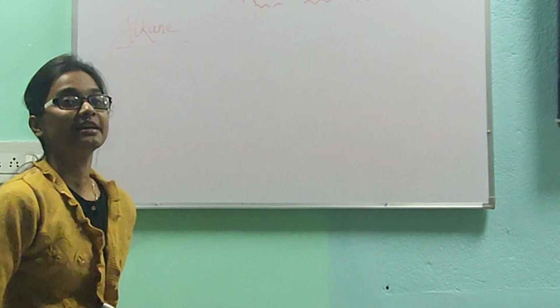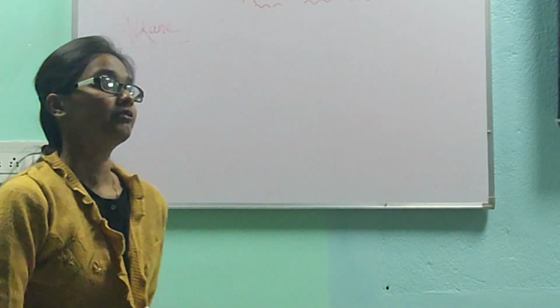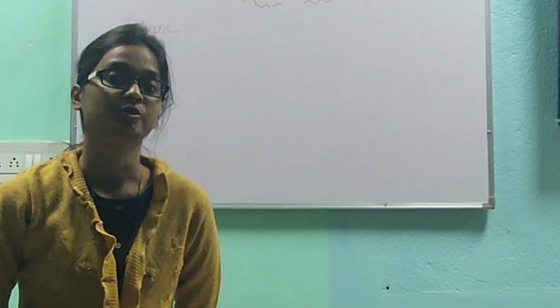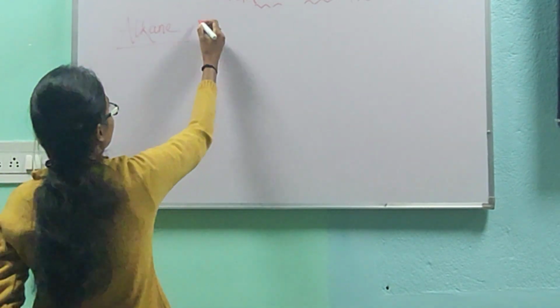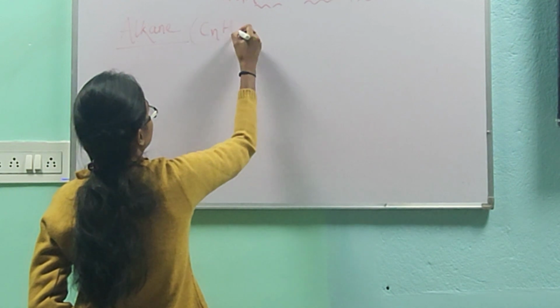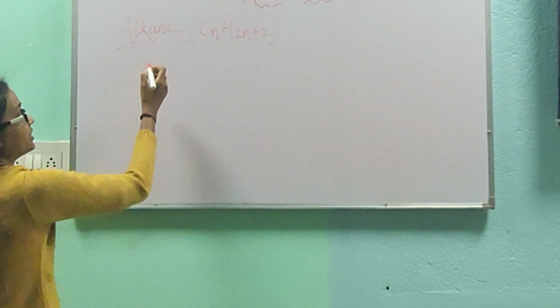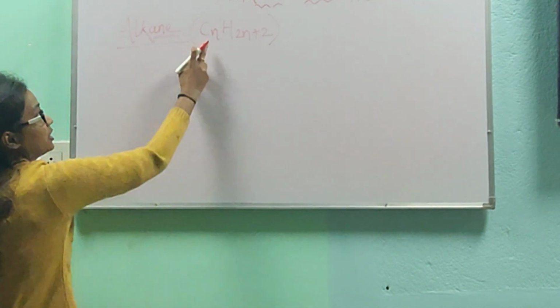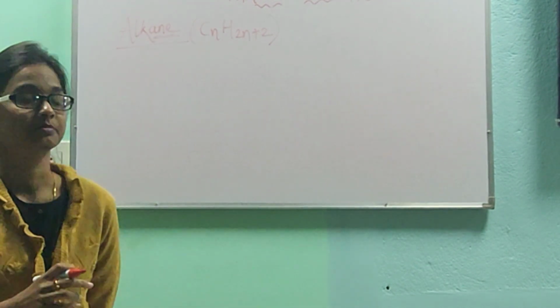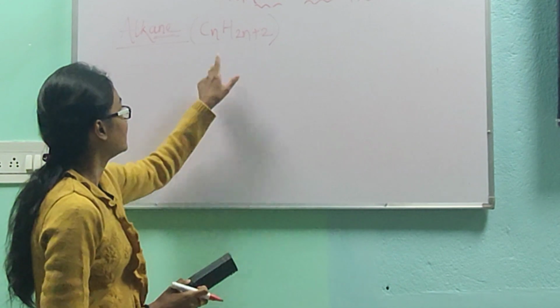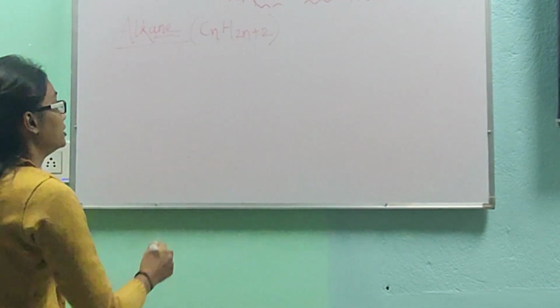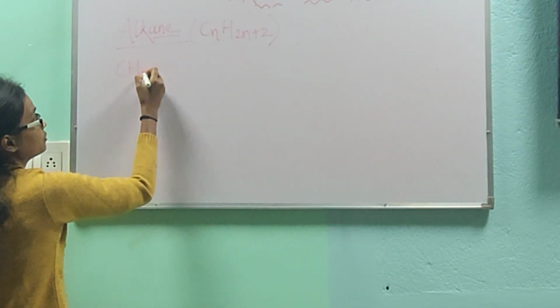So alkane has a general formula of CnH2n+2, where n is the number of carbon atoms present. Alkane has the suffix ane. If we put n as 1, the formula will be CH4.